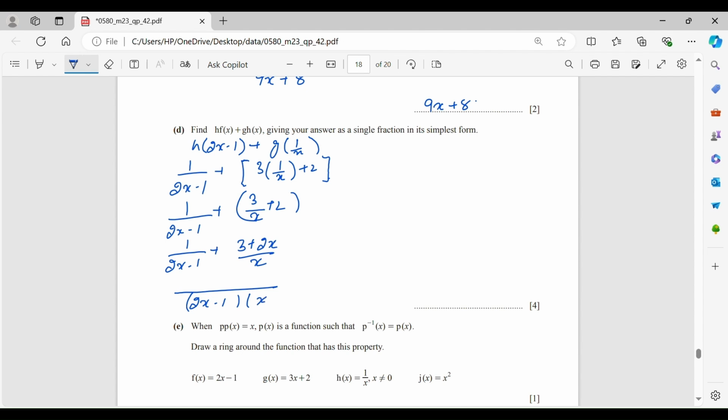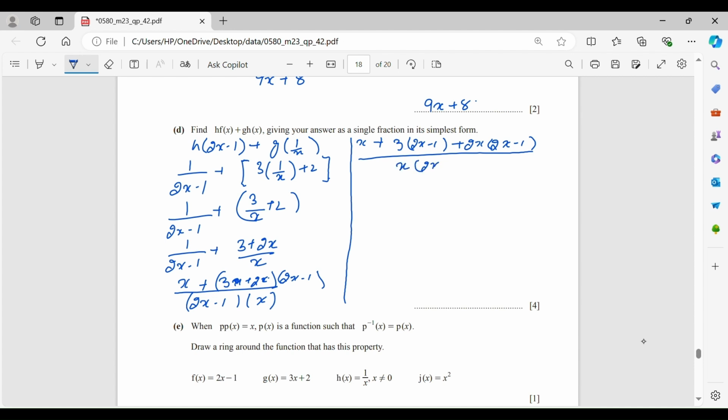This is x plus 3 bracket 2x minus 1 and plus 2x bracket 2x minus 1, over x into 2x minus 1, right?